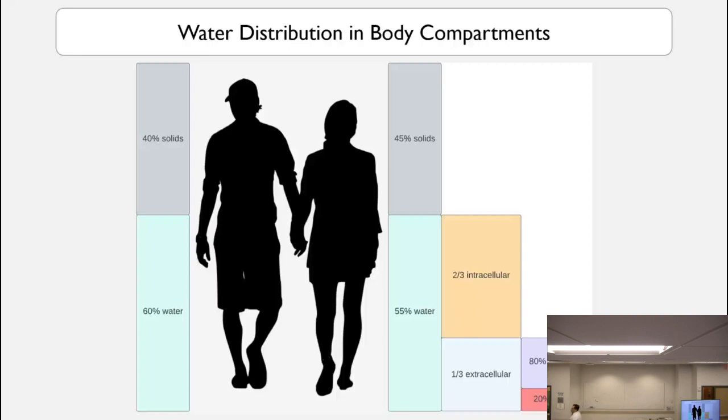Notice that most of our body is water. On average in the general population, the composition is 60% water, 40% solid material. That varies according to age and sex. We are going to learn how to roughly calculate the water deficit in a person.